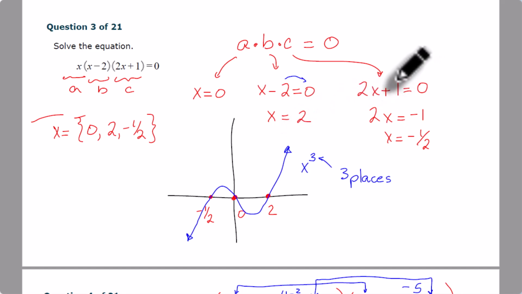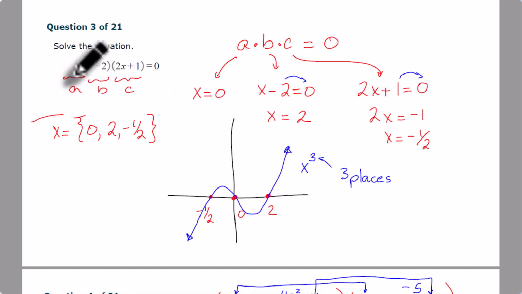And on the last piece, I can move the 1 and then divide by 2. So it turns out x cubed looks like a little snake, and it's crossing here at minus a half, 0, and 2. So 0 is a legitimate answer.